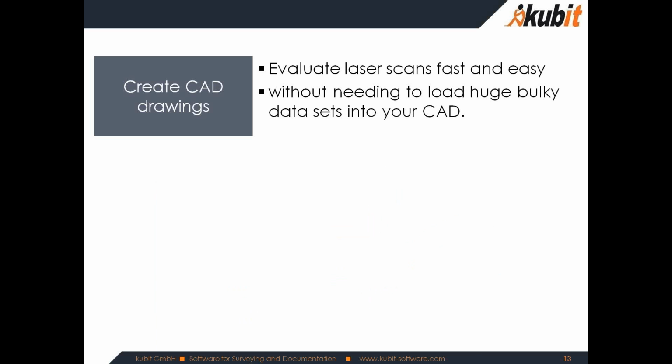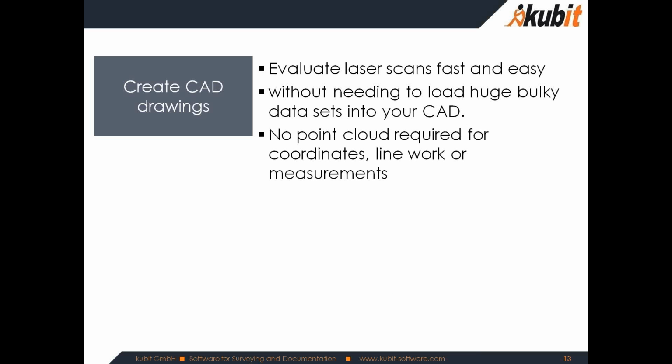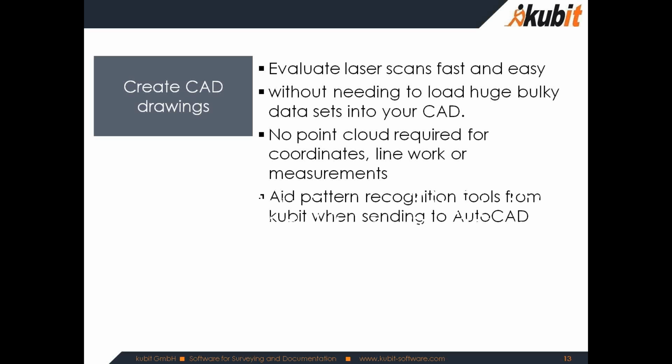There's no point cloud required for doing things like coordinates on line work or measurements. If you are using the point cloud inside of a full AutoCAD, you can use this in combination with our pattern recognition tools. So if you wanted to start extracting cylinders and piping, for example, with our piping design tools, that's something that you could combine.